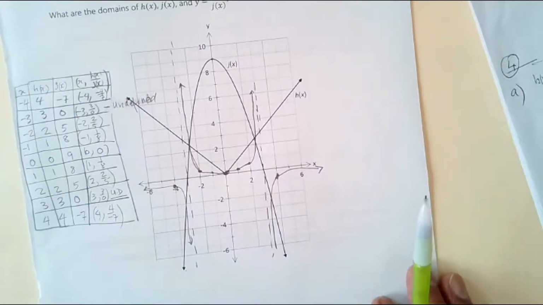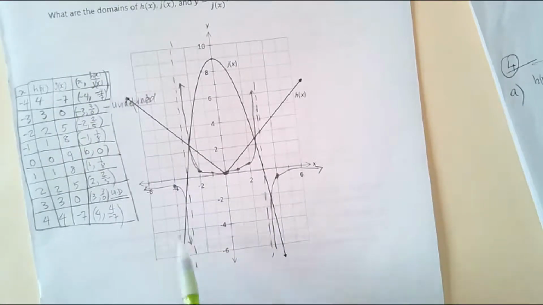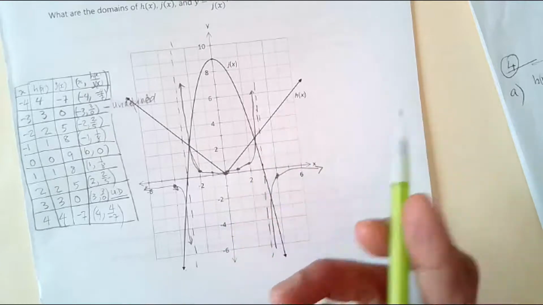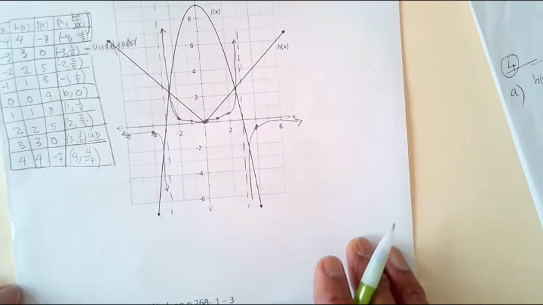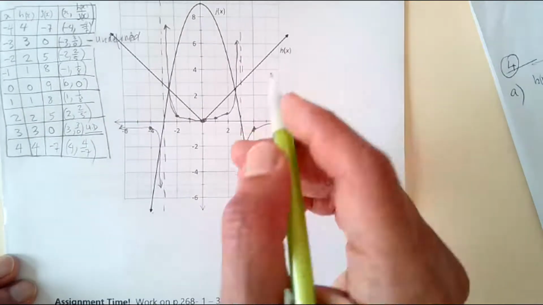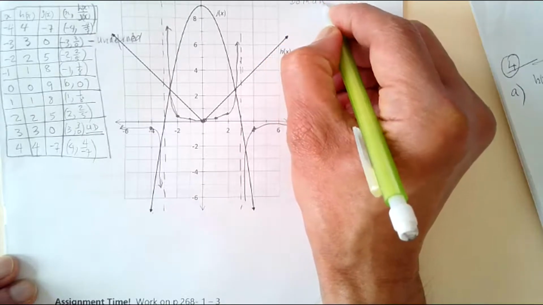Now, I forgot to ask you about the domain. So the domain for h of x is an absolute value function. Domain.